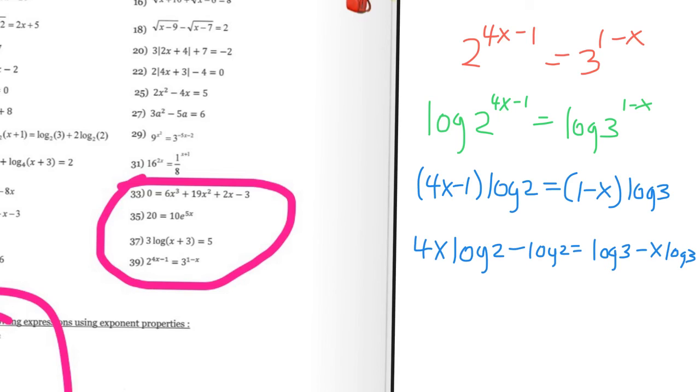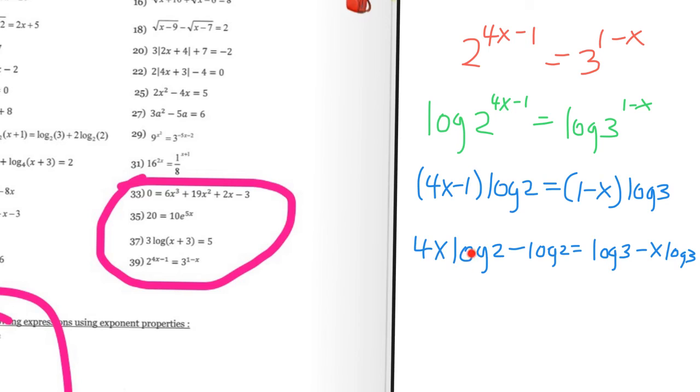The reason I do that is because I know this is a log 2 and it looks like some fancy thing, but just keep in mind that it's actually a constant. It's just some number. Log 3 is just some number, and now we have two terms that have an x in it, and at the end of the day, we're trying to solve for x.